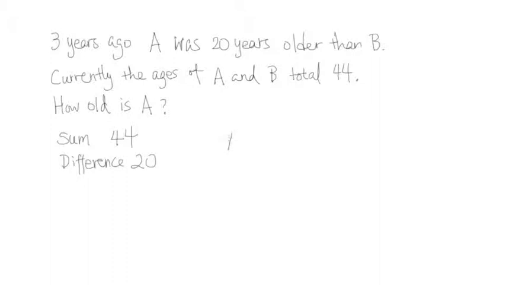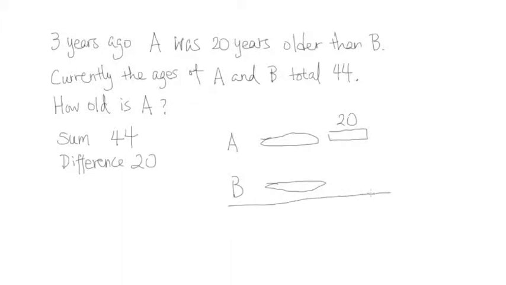Let's draw currently what A and B are. We draw the age for B as a bar, and then A will be a bar plus something referred to as 20 years because A is 20 years older. And the total will be 44.